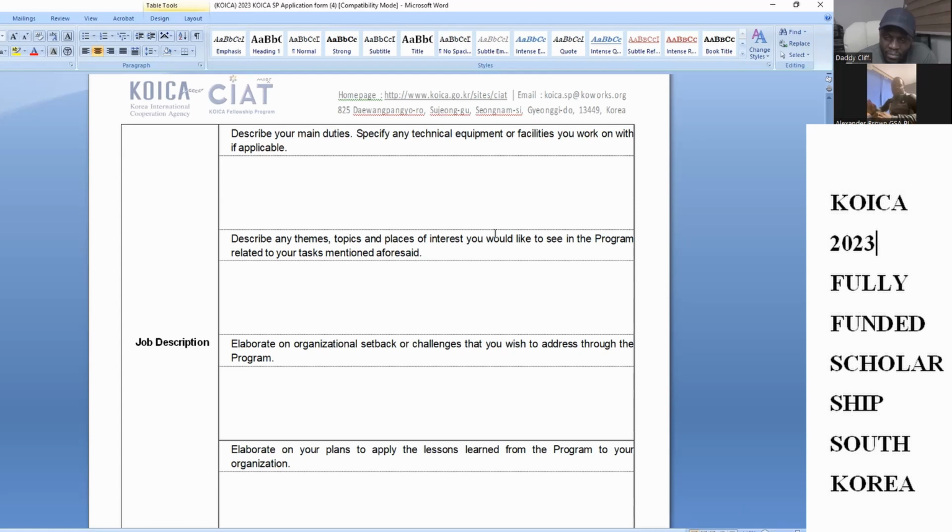Some could be field trips and all those things. If any of them has a direct relation with what you're currently doing, you state it there and tell them about your expectations, particularly when it comes to that field trip or activity. You need to state all those there.